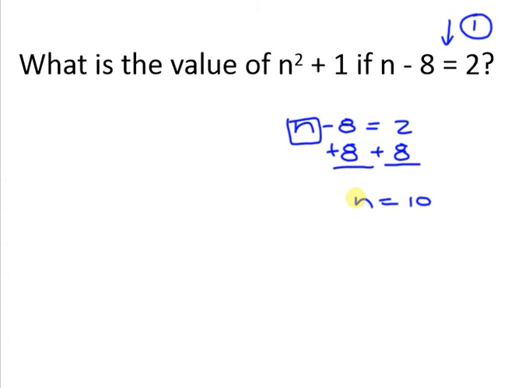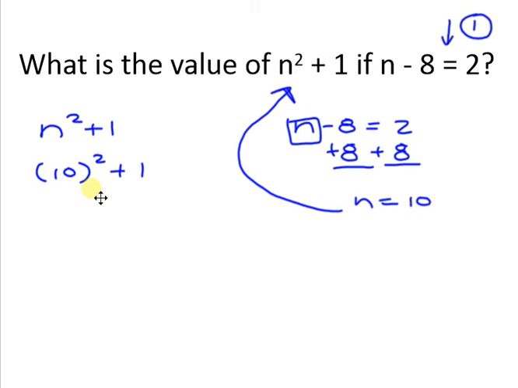N equals 10. Now take this and plug it back into the expression. So an expression is something without an equal sign, okay? So n squared plus 1. So 10 squared plus 1. 10 squared is 100, plus 1 is 101. That's your final answer.